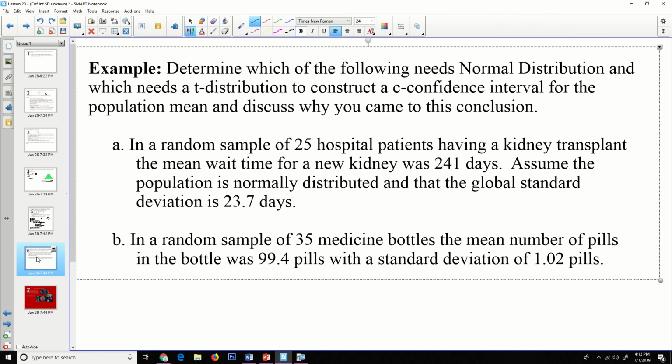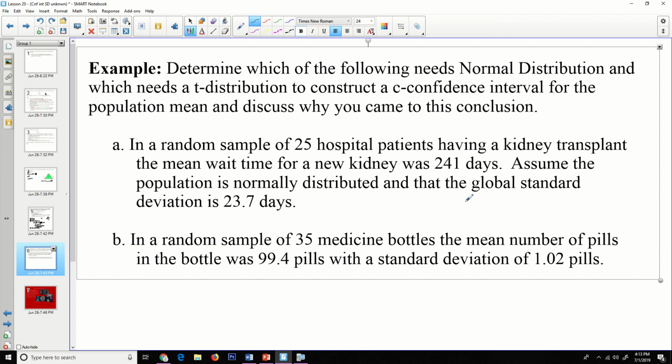All right, so the last thing here is we want to determine which of the following needs a normal distribution and which needs the t distribution to construct the c confidence interval for the population mean, and discuss how you came to this conclusion. So in a random sample of 25 hospitals, patients having kidney transplants, mean wait time for a new kidney was 241 days. Assume that the population is normally distributed and that the global standard deviation is 23.7 days.